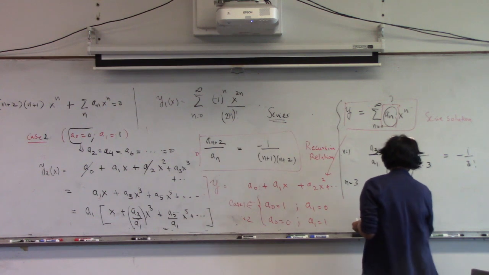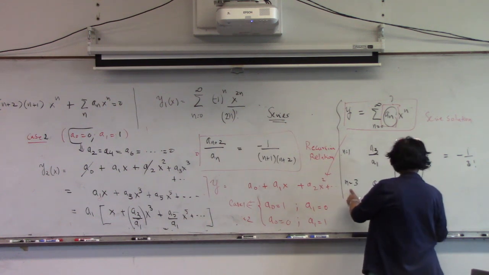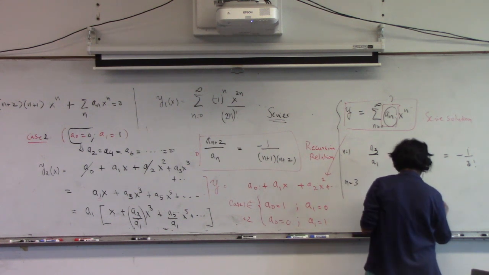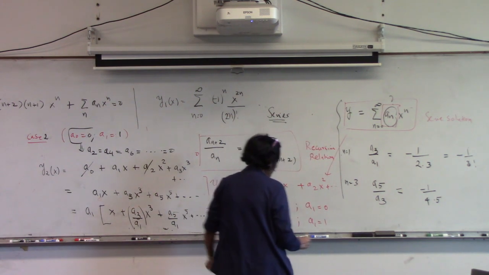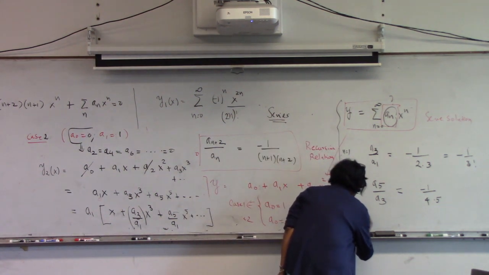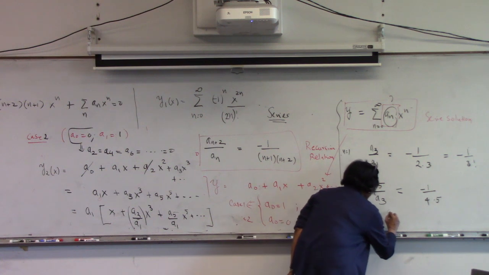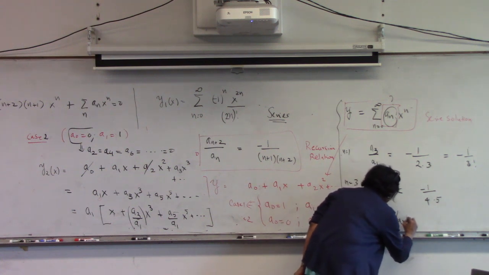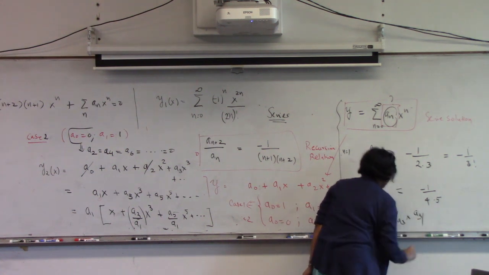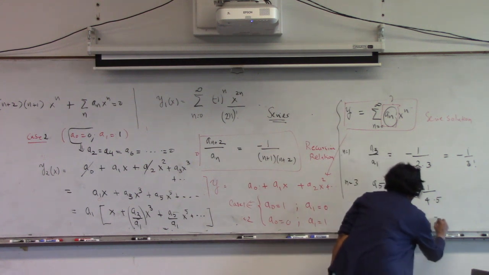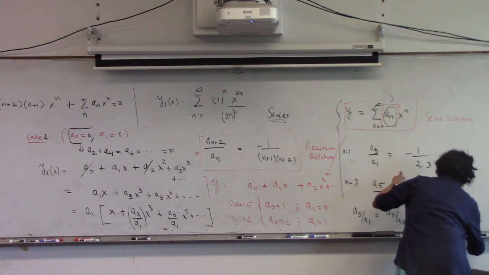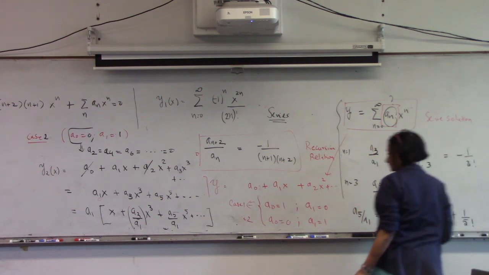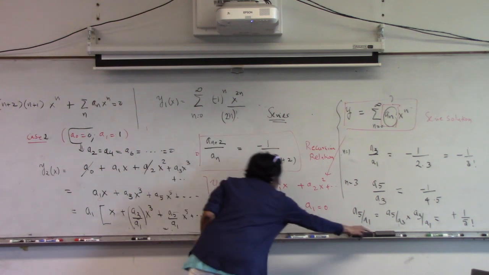Next coefficient is A5, n equal to 3. 3 plus 1 is 4, 3 plus 2 is 5. What I need is A5 over A1. So A5 over A1 is nothing but A5 over A3 times A3 over A1. So we have all those things, which is nothing but plus 1 over 5 factorial. All right.